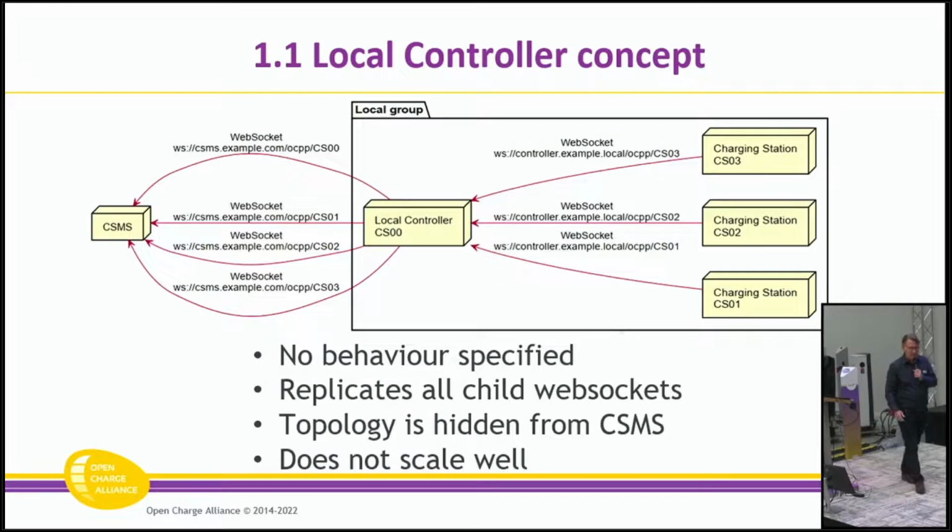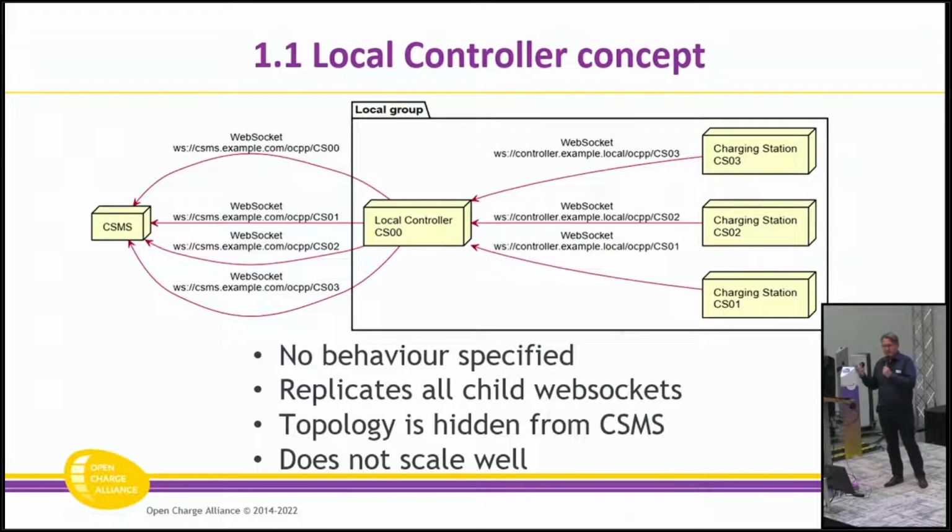If you've read the OCPP specification, you probably all know this local controller diagram. It's mentioned there that you can put a local controller in between the CSMS and the charging stations, but it's not defined further in detail.